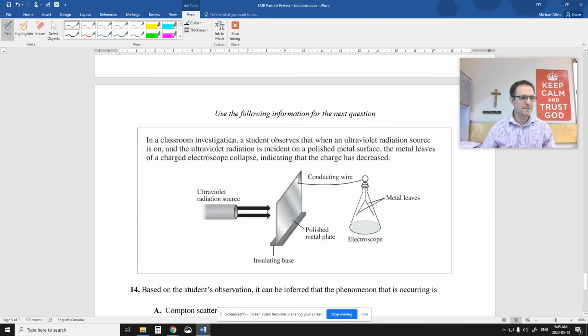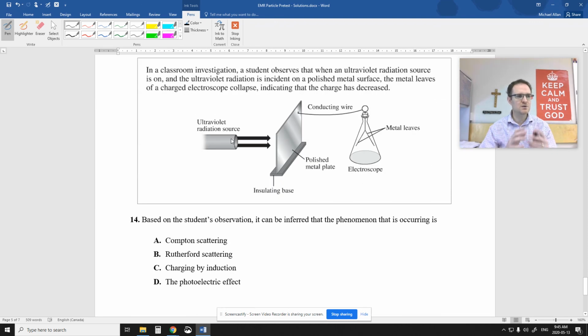Cool. Okay, in a classroom investigation, students observed that an ultraviolet source is on, and the ultraviolet radiation is incident on a polished metal surface. The metal leaves of the charged electroscope. So these charged electroscopes, you watch that video about the demonstration, he shows you what an electroscope looks like.